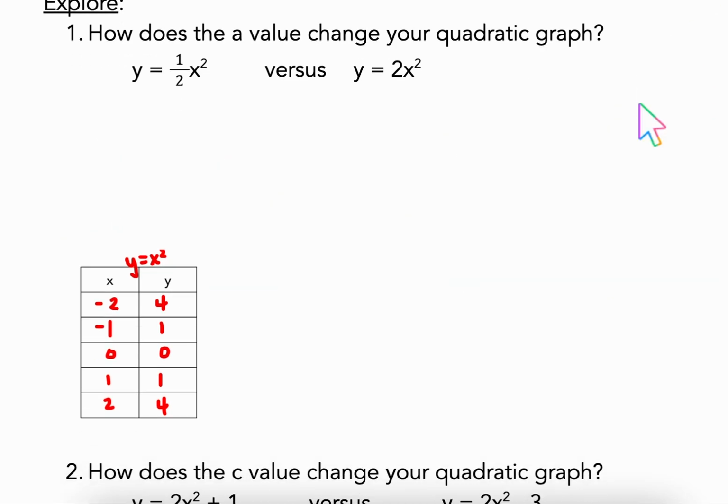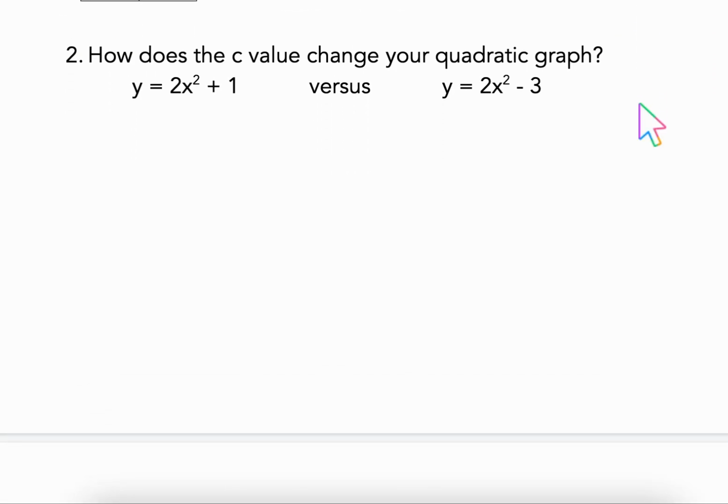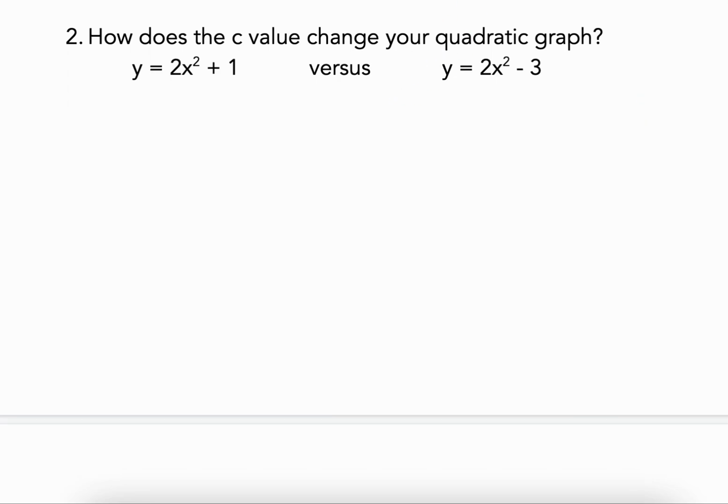So our next exploration question asks us now to look at the C value. Remember, the C value is what's being added at the end to your quadratic equation. Okay, so we're going to look at y equals 2x squared plus 1 versus y equals 2x squared minus 3. Notice how they both have the a value of 2.